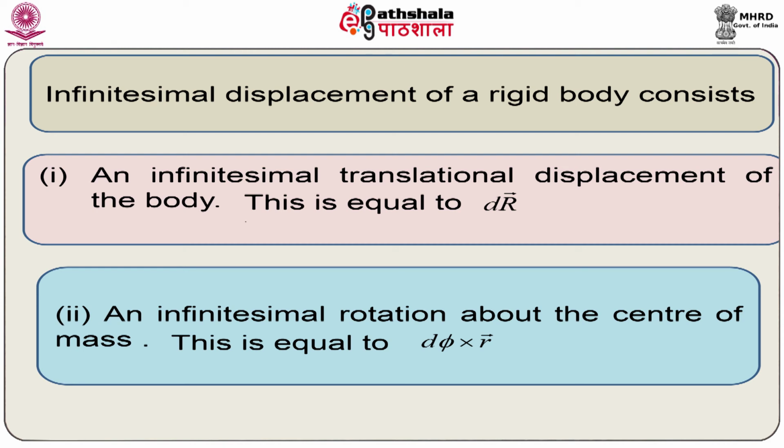Another kind of change is an infinitesimal rotation about the center of mass, whereby the remainder of the body moves to its final position, and this is equal to d phi cross r vector. Thus, we get, using the vector triangle law, d small r o vector equal to d capital R vector plus d phi cross small r vector.